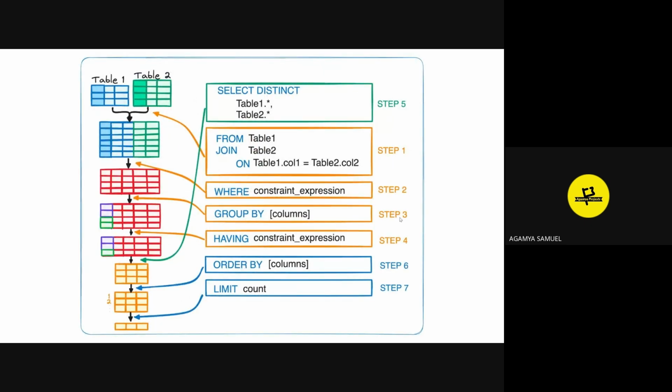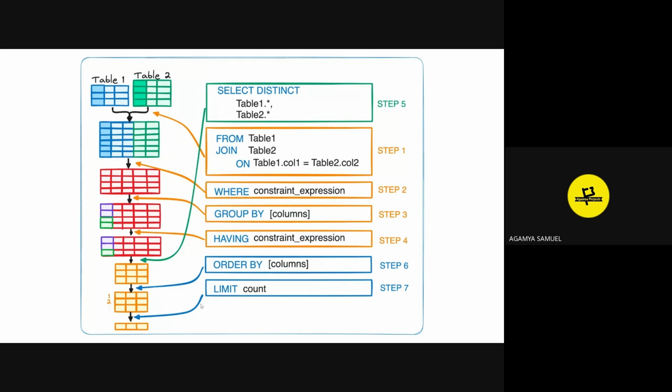This is a graphical representation of how an SQL query is executed at the database level. Usually you write select distinct as the first statement, then from table one, join table two, where, group by, in this order.